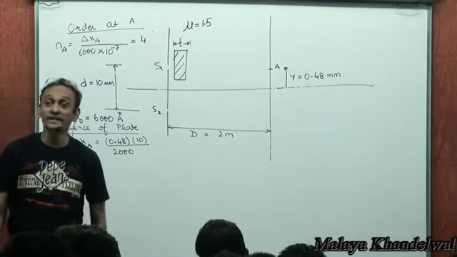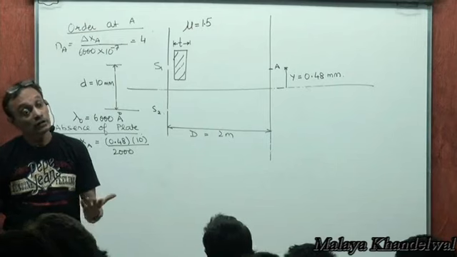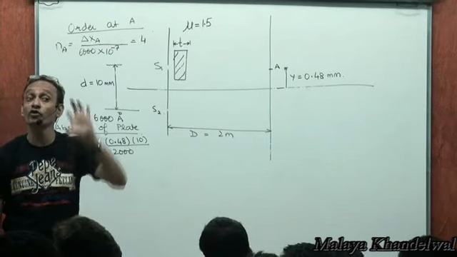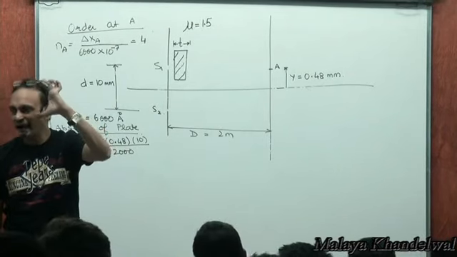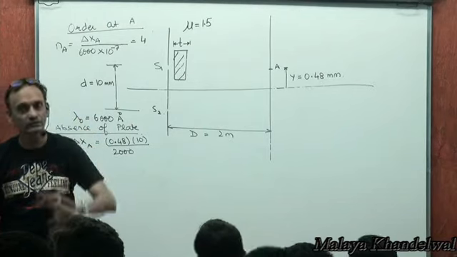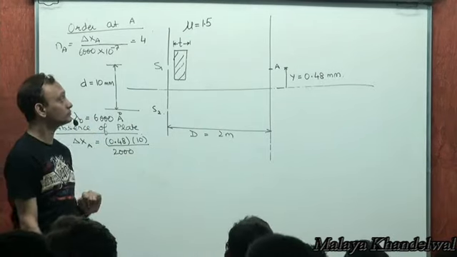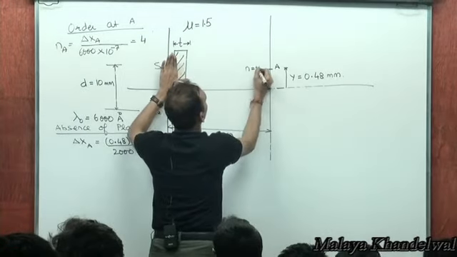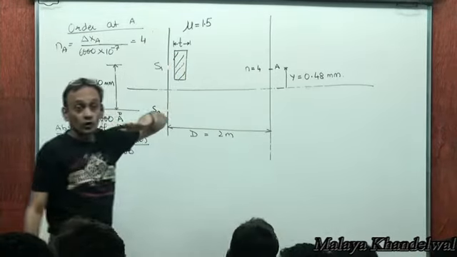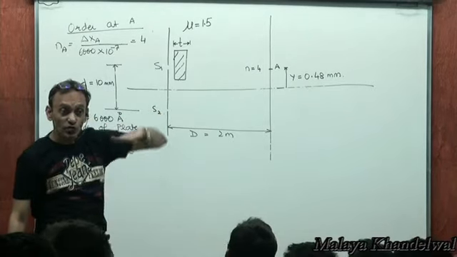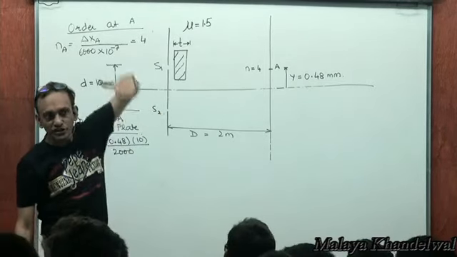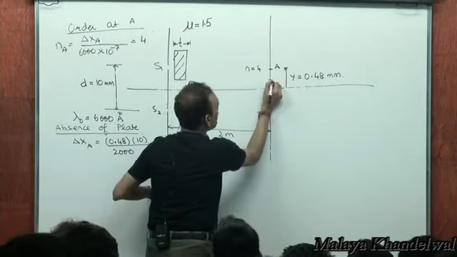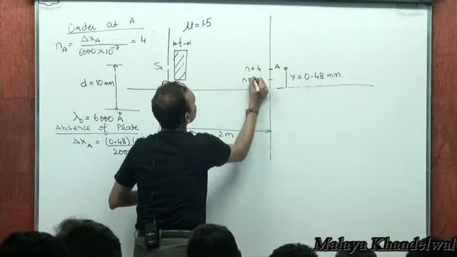That means at A there was a case of constructive interference before introduction of the plate, right? Now, this was n equal to 4 before introduction of the plate. The nearest minimum to this was n equal to 3.5, which needs to be moved up.